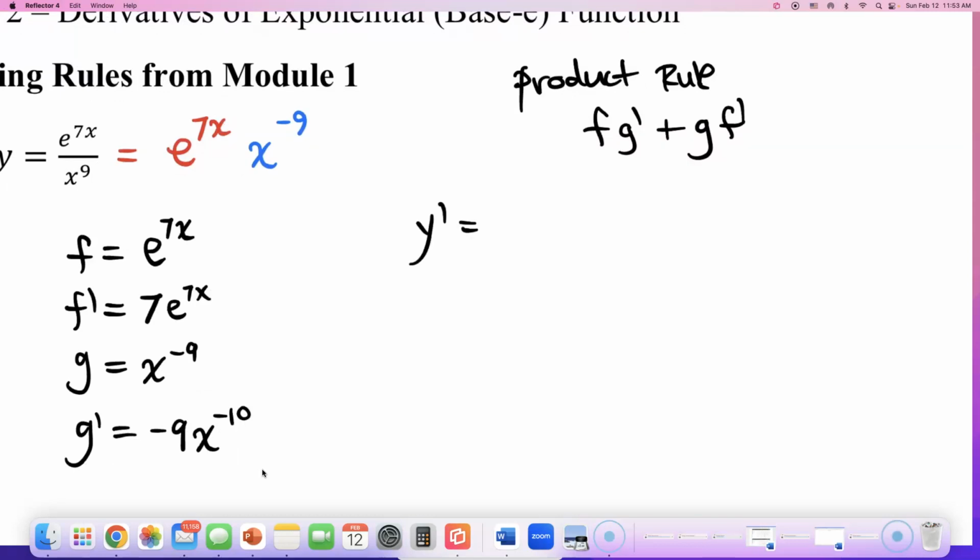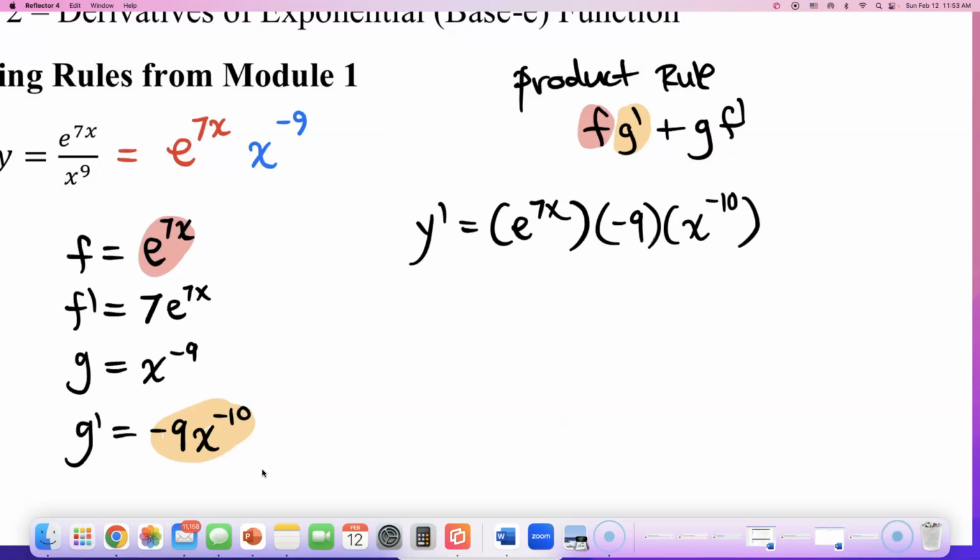Start with first times, which is this red e to the 7x power. We're multiplying this by g prime. G prime is this orange. Let me put this orange g prime separate as negative 9 times x to the negative 10th power. Okay, so that's the same orange highlighted g prime, but I just separated them into two parentheses.